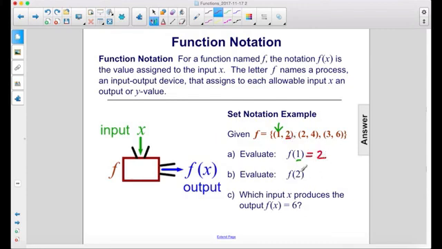All right, when you put in 2 as an x value into this function, you get 4 as the output. Which input x produces the output of 6? So if you want the output 6, you would put in an x value of 3.